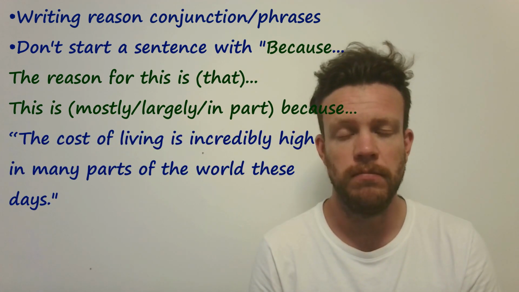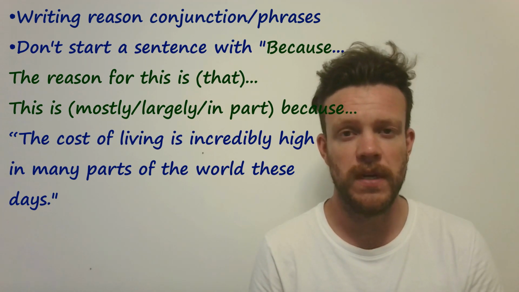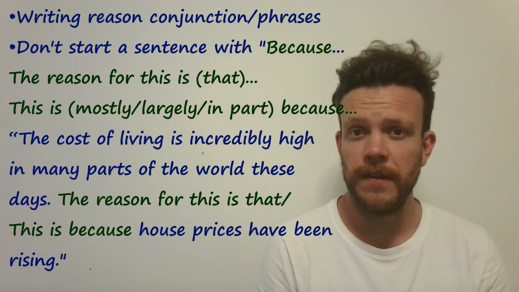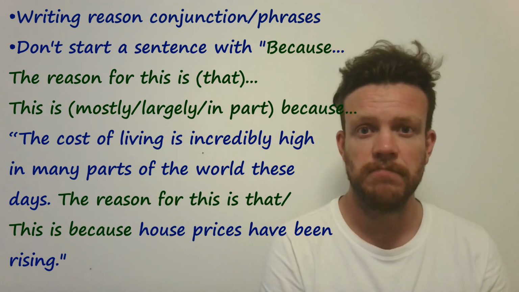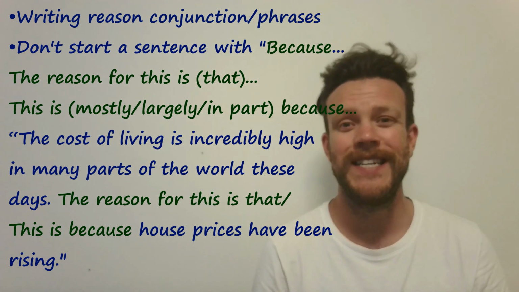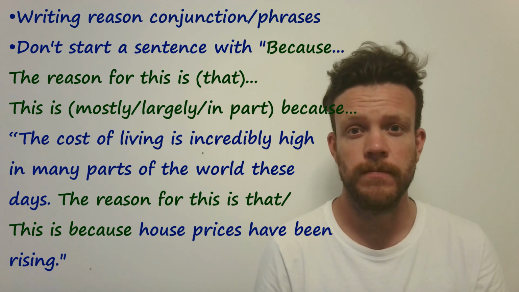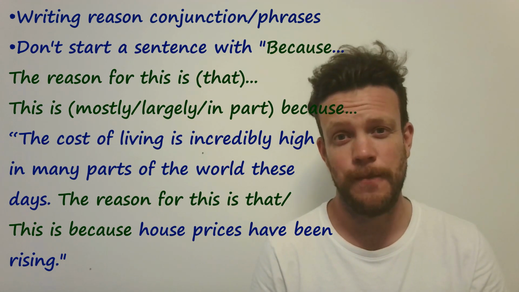So for example, the cost of living is incredibly high in many parts of the world these days. Full stop. The reason for this is that, or this is because, this is mostly because, largely because, or this is in part because, when it's just one reason. Very useful to use, especially if you're writing an essay.